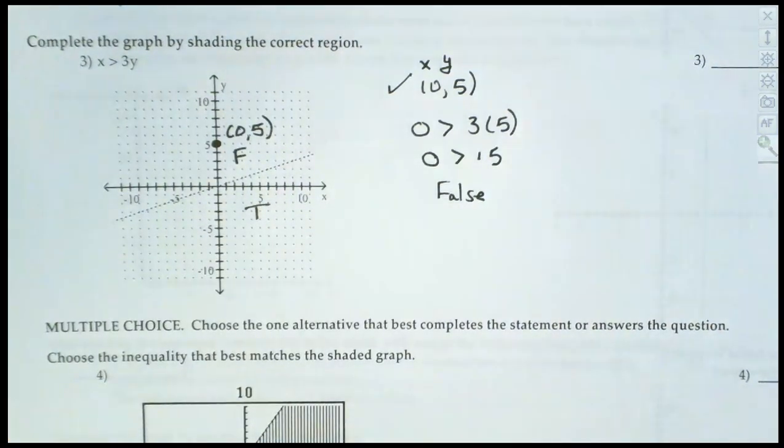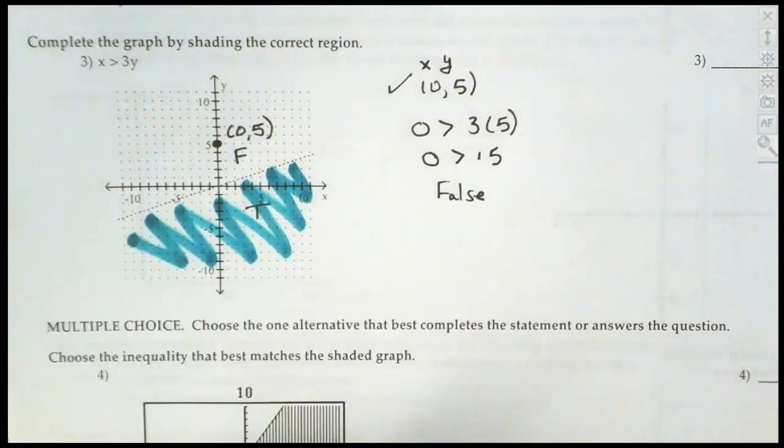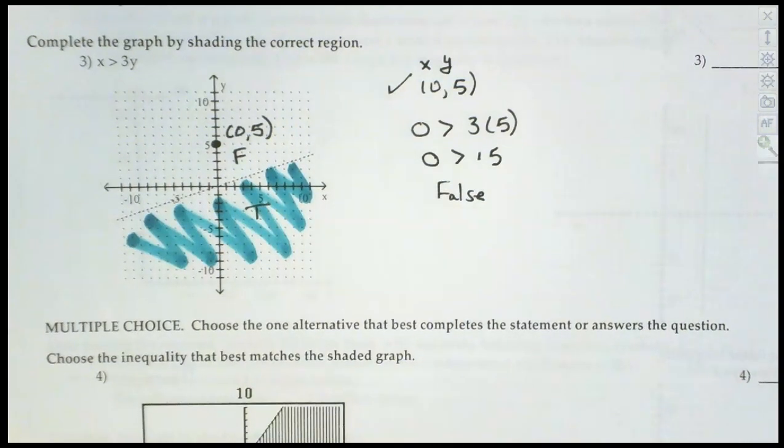We shade the true part, and in this case, we're going to be shading the lower half. So we would be shading that. So in this question, and there's a couple of them like this, they already have the line. All you have to do is shade it, either above or below it. Now, some of them you're going to have to graph it completely, and we've done several of those. But like on this one, it's already done.